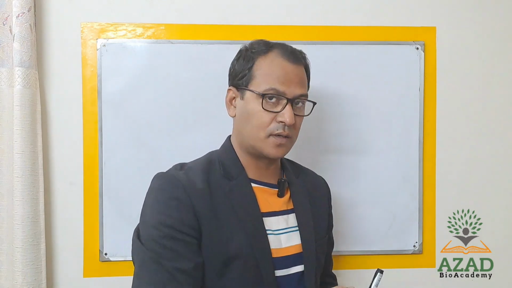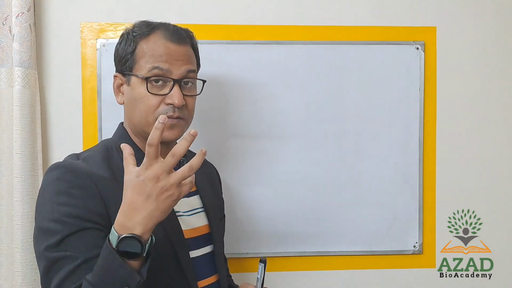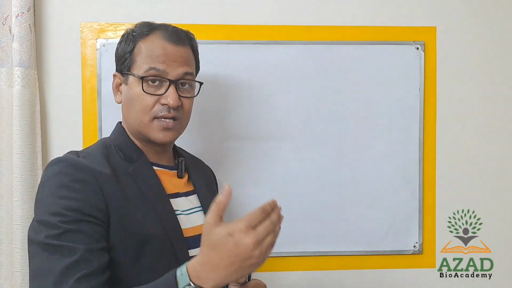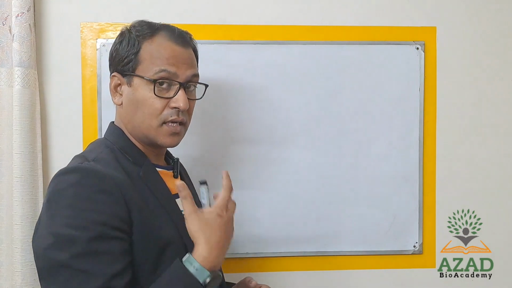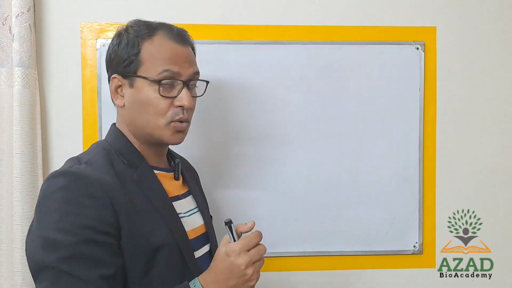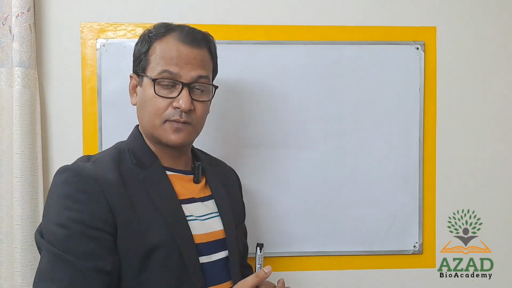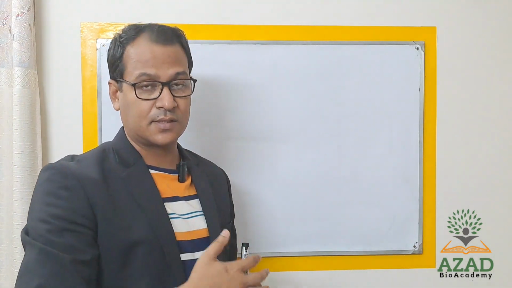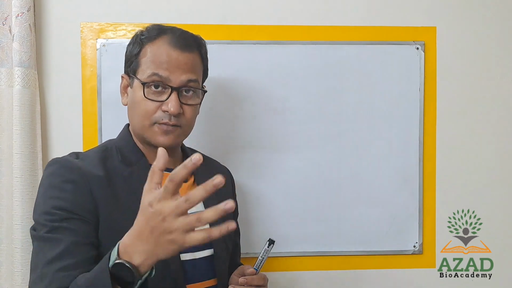So come to the first part of this action potential, that is different types of ion channels which are basically present. As our topic is action potential, we have to consider that action potentials are basically responsible for skeletal muscles, cardiac muscles, smooth muscles, and we can say the nerve cells.